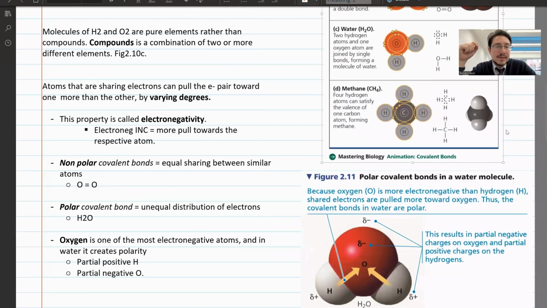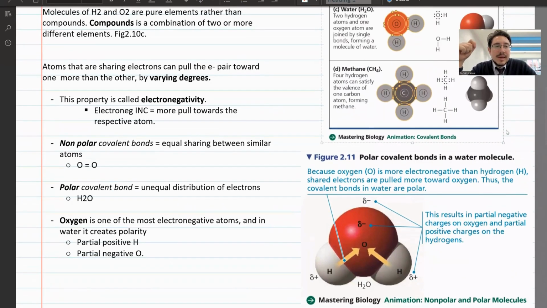Atoms that are sharing electrons, and this is another property that we're going to see a lot more when we talk about biomolecules, can pull electrons unequally. You don't necessarily have an equal spacing between one atom and the other.